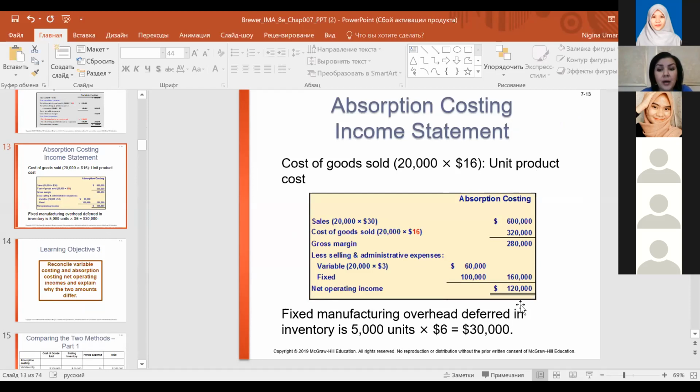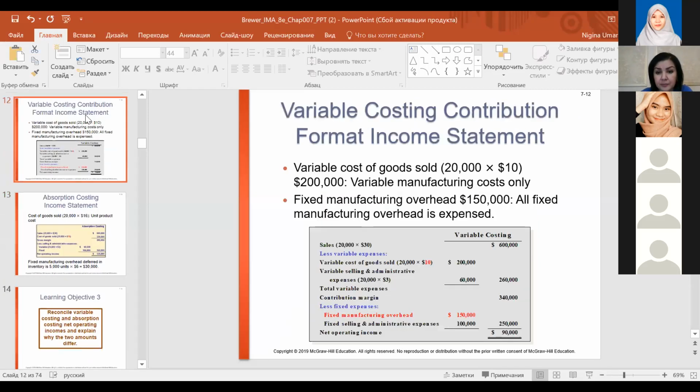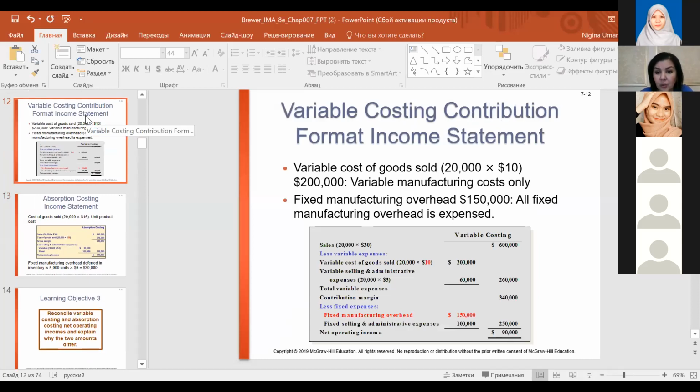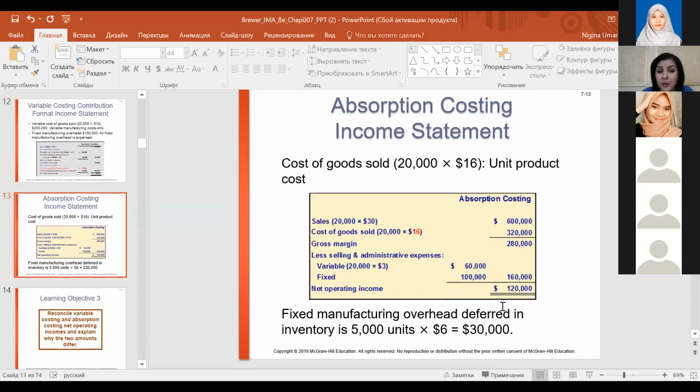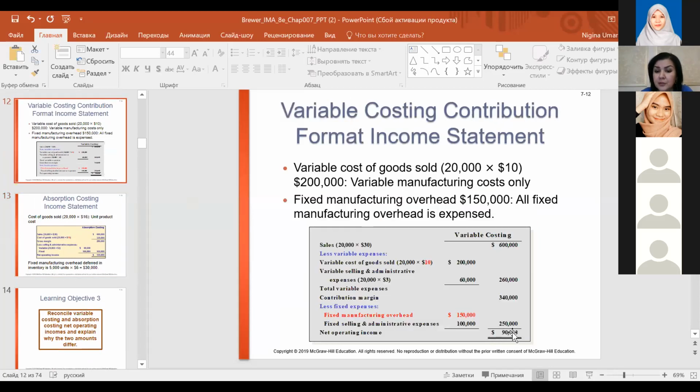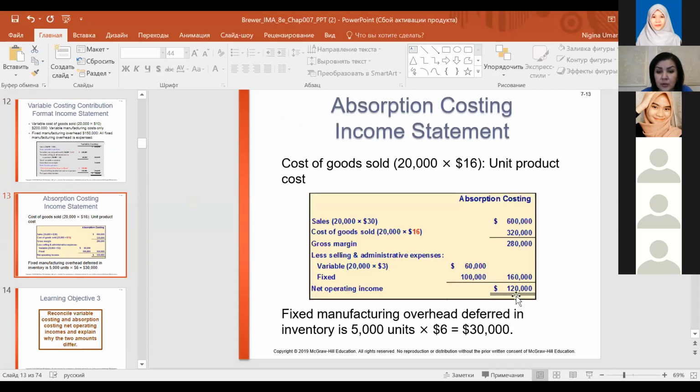And that's why you see that net operating income under absorption costing is greater than under variable costing. So what is the difference between 90,000 and 120,000?